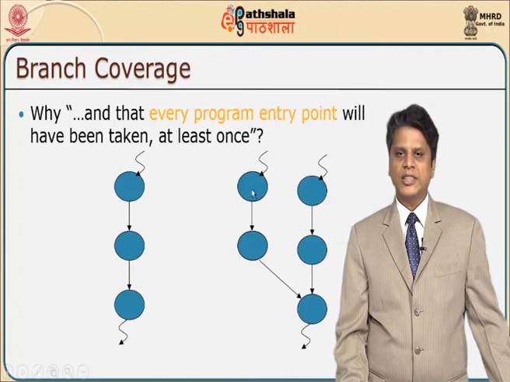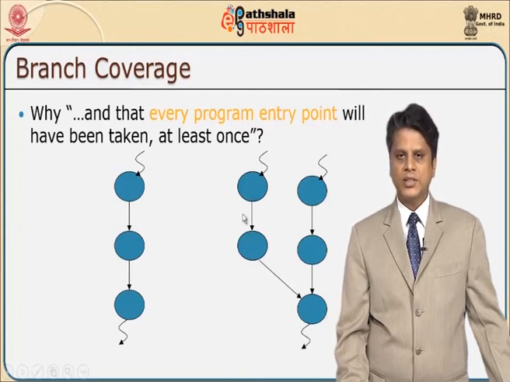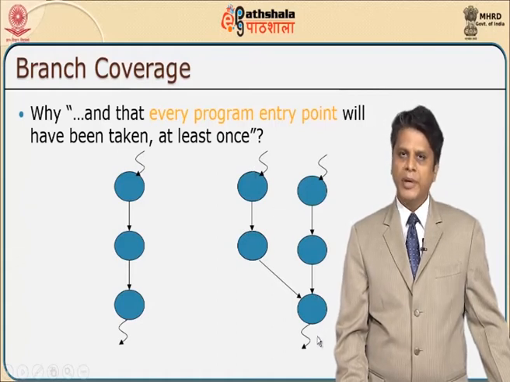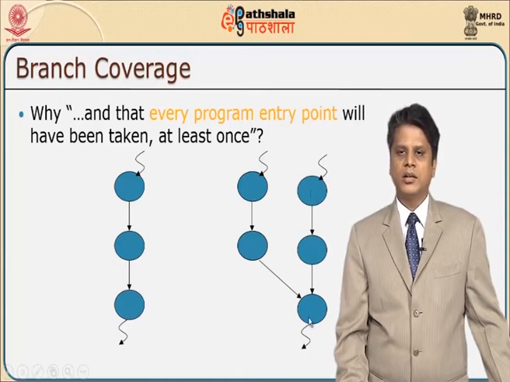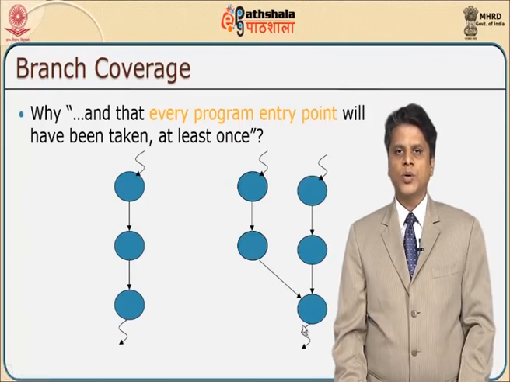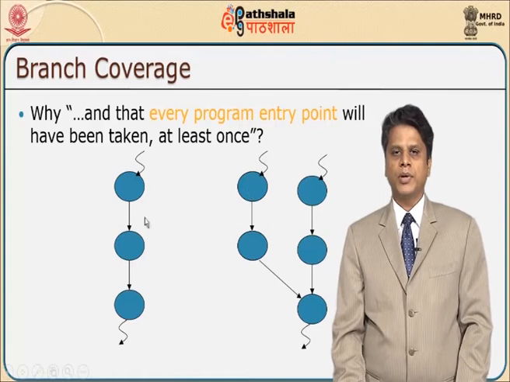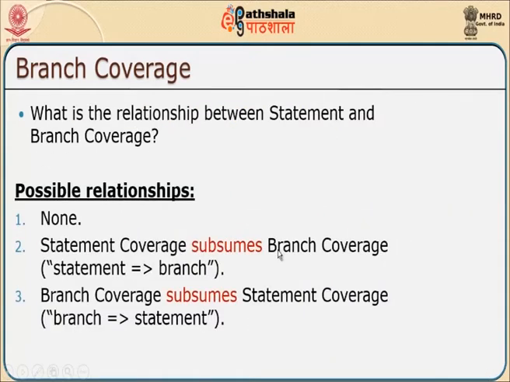But then I should have tested this loop, or this path should have been traversed minimally one time, and the second path has to be traversed at least one time. So, we understand the importance of branch coverage rather than sequential statement coverage.